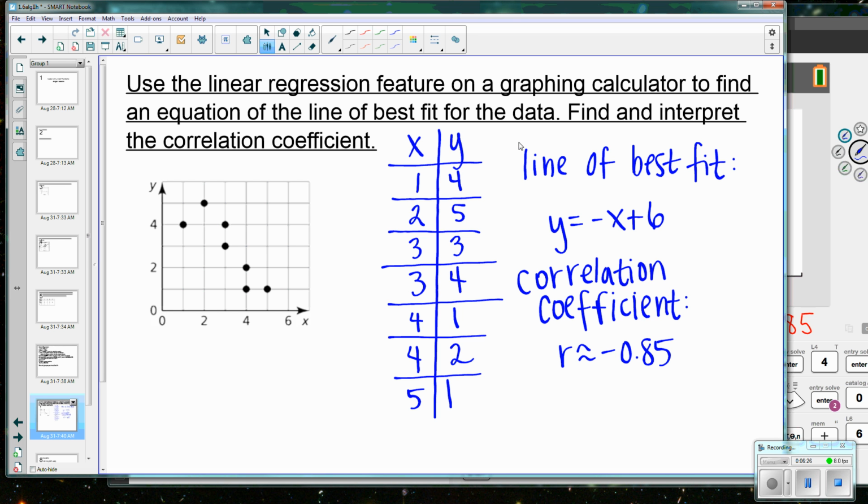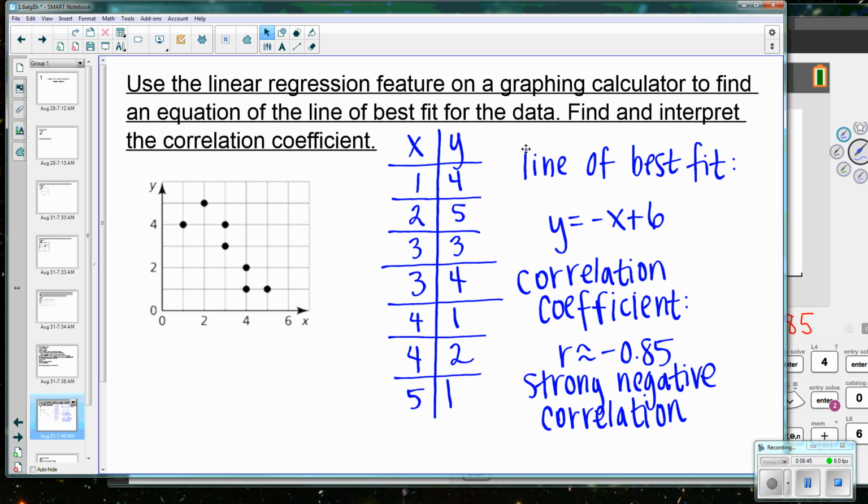And the students have already been taught about correlation, and so they know that if it's a negative 0.85, that is a strong negative correlation. So this model is a good model for the data set that was given to us.